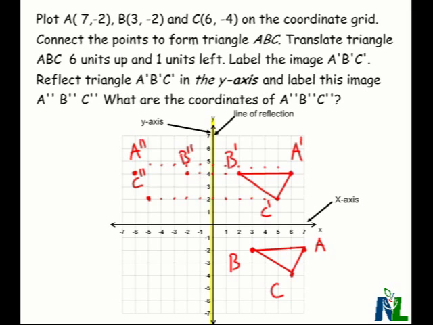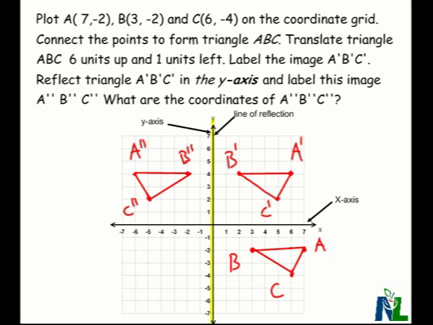Now we will connect this up to make a triangle A prime prime, B prime prime, and C prime prime. Okay, our letters are in the way, so we'll move those a little bit. Okay, now we have triangle A prime prime, B prime prime, C prime prime.